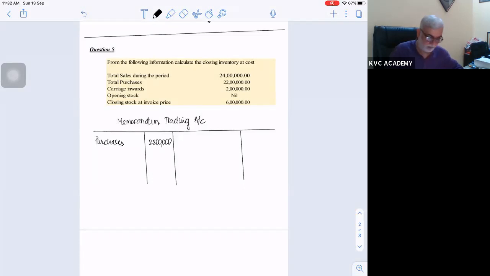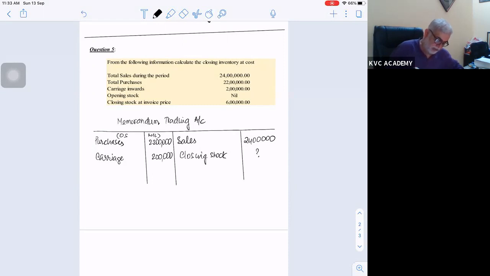Opening stock is nil. Then carriage is inward, so we can take it. 2 lakh. Sales is 24 lakh. Okay. I want to know what is the closing stock. Remember, opening stock is nil.